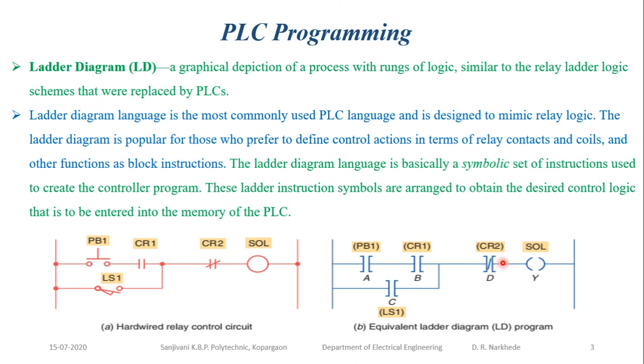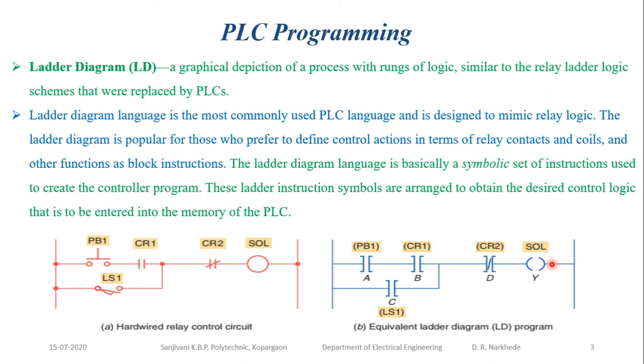As it is the normally closed type, when PB1 is active and CR1 is active, the current will reach the solenoid and the solenoid gets energized. The second option is that I have a limit switch contact also. When the limit switch is activated, my current will flow from the alternate path and energize the solenoid valve.